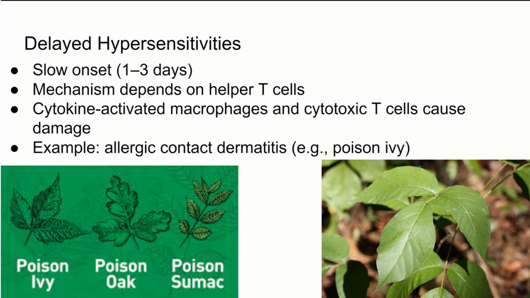Immediate hypersensitivity is where the body makes antibodies against benign substances. This is a very quick reaction, and this is what we would call allergies. And then we have slow onset with delayed hypersensitivities, where the T cells are attacking the substance. An example here would be something like contact dermatitis or poison ivy.